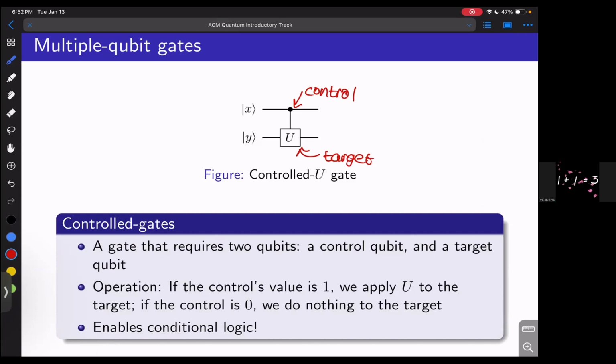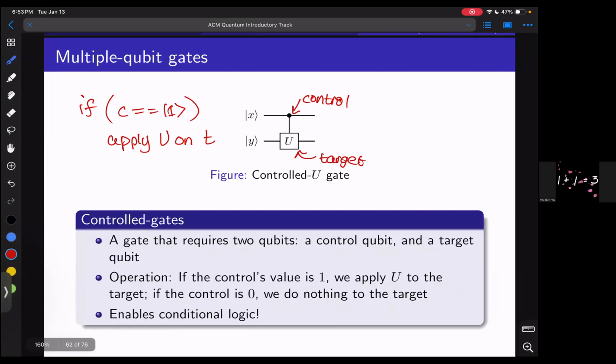If I call the control C, if the control is 1, then apply U on the target T. So just as a little thing. Does that make sense, everyone?